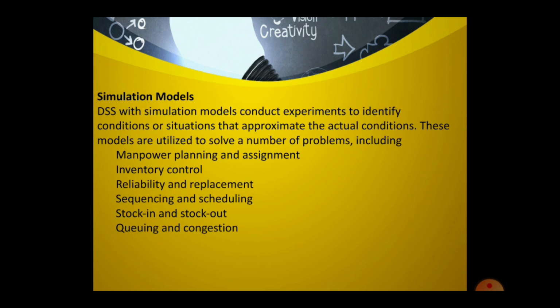A DSS with a simulation model conducts experiments to identify conditions or situations that approximate the actual condition. Approximate the actual condition means close to real, close to 100%. These models are utilized to solve a number of problems.